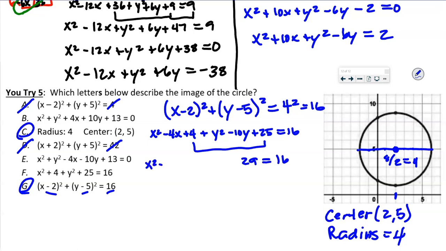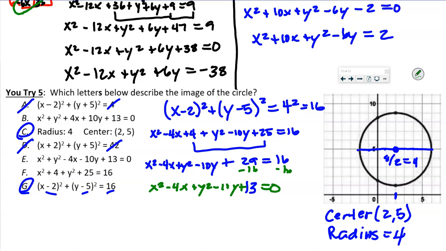X squared minus 4x plus y squared minus 10y plus 29. So then if we subtract the 16 from the 29, that would be 13, wouldn't it? Yep, so then that would be x squared minus 4x plus y squared minus 10y plus 13 equals 0.